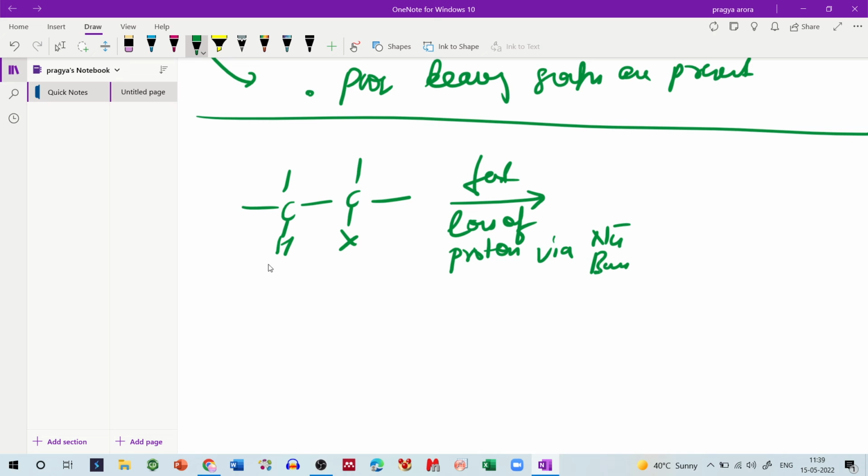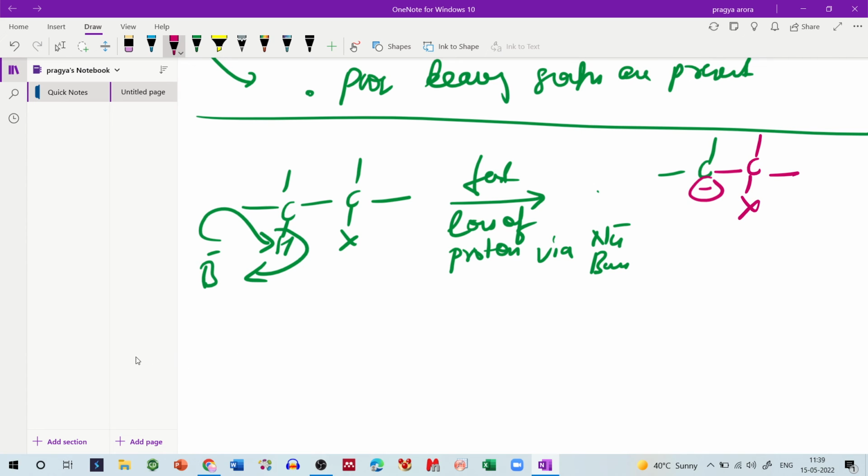The base will abstract this proton and generate a carbanion. You will be generating a carbanion over here.